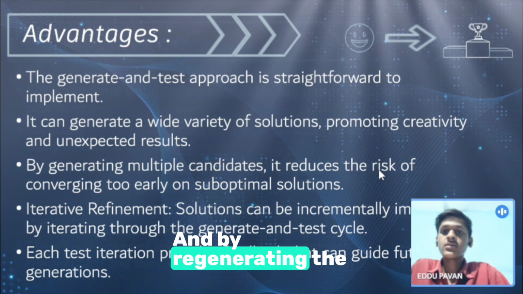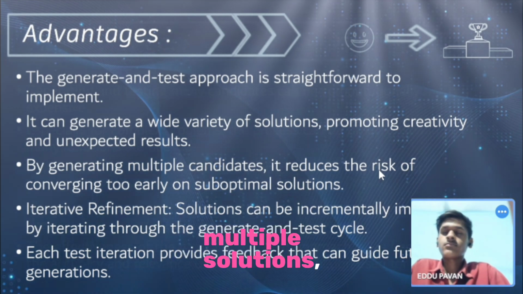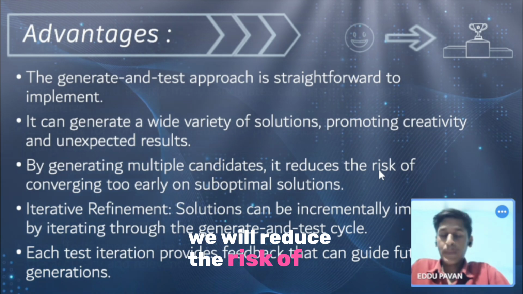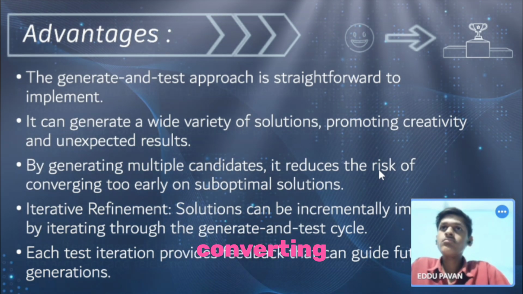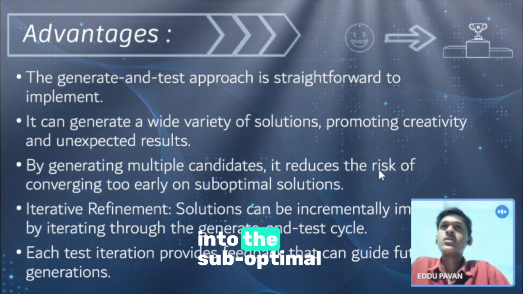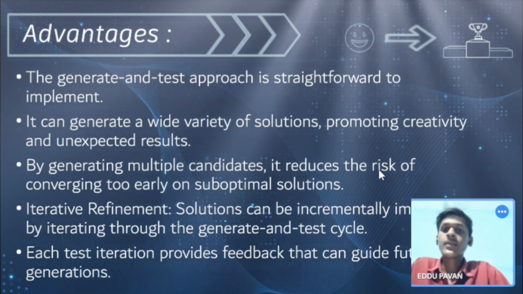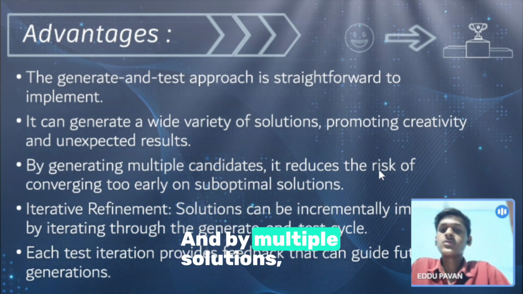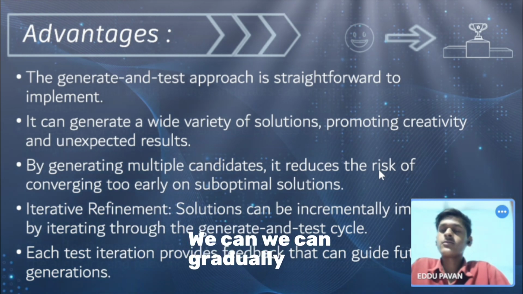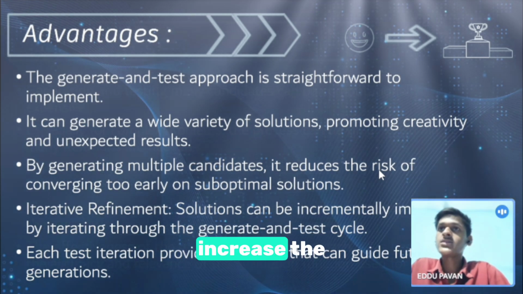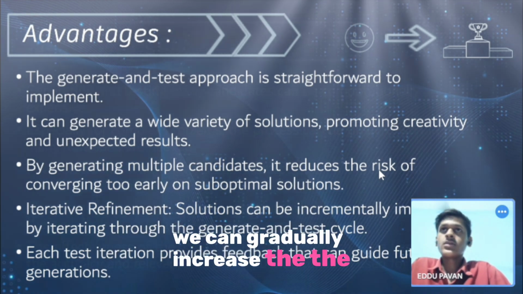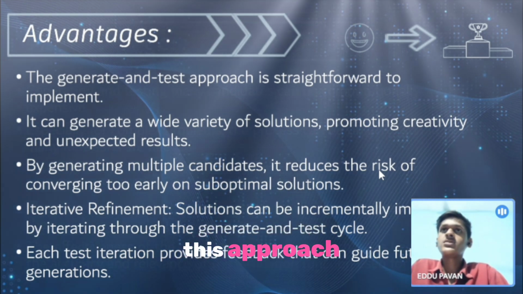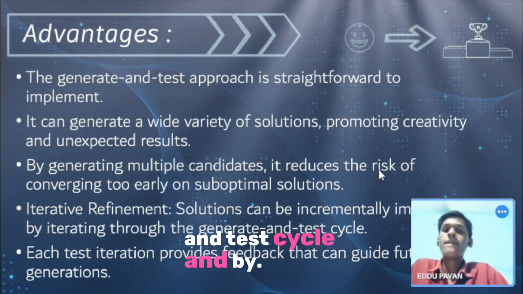By generating multiple solutions, we reduce the risk of converging into suboptimal solutions, and we can gradually increase the number of solutions by this generate and test cycle.